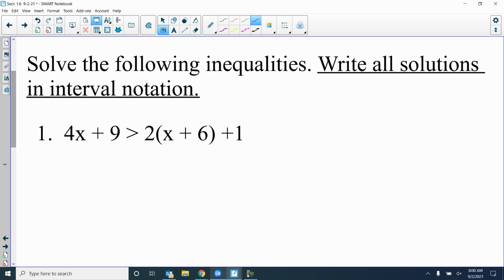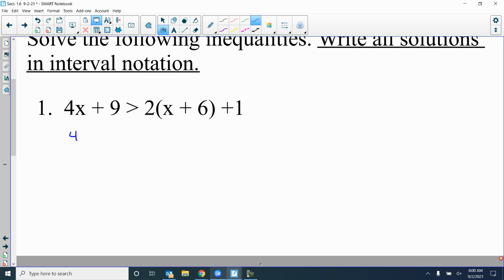All right, so the first one is a linear inequality. We just have to get x by itself. Distribute the 2. 4x plus 9 is greater than 2x plus 12 plus 1. And that gives me 2x plus 13.